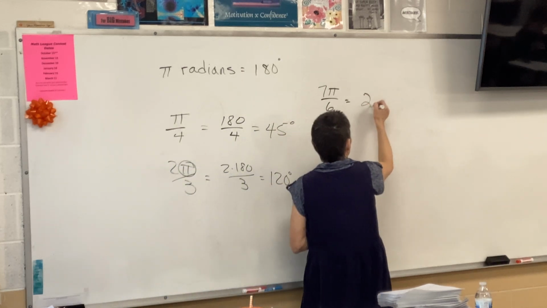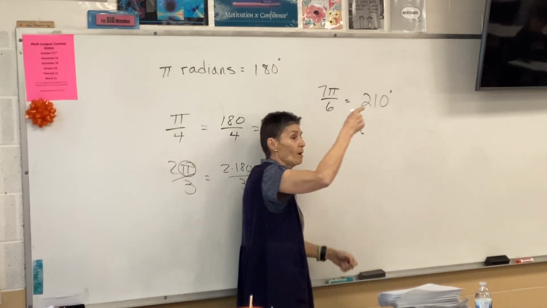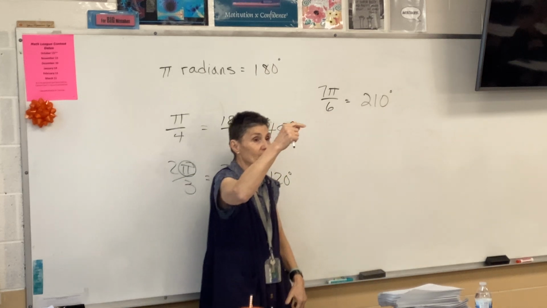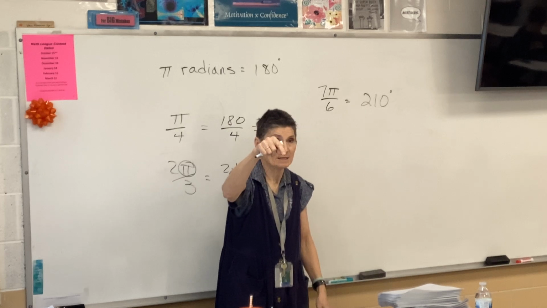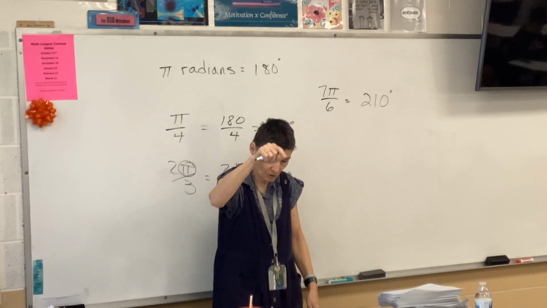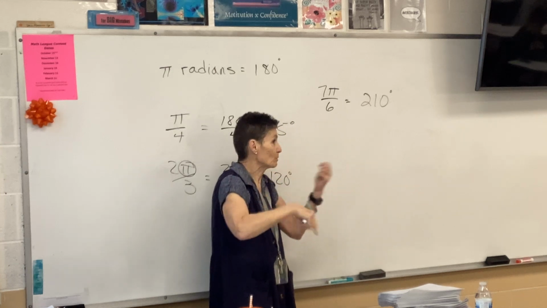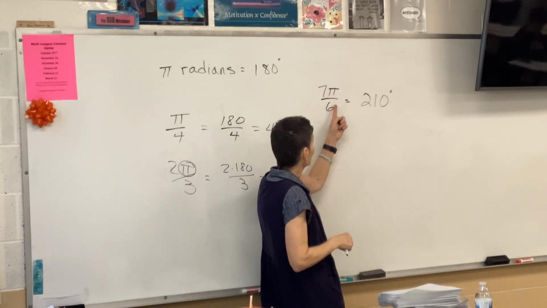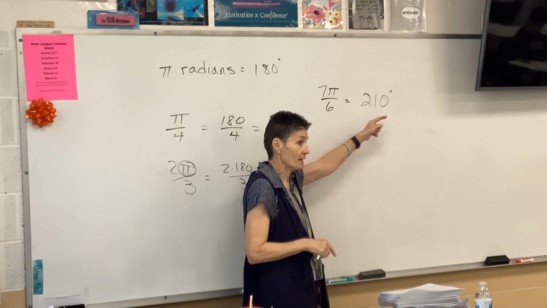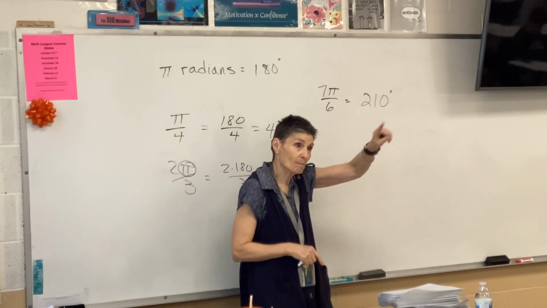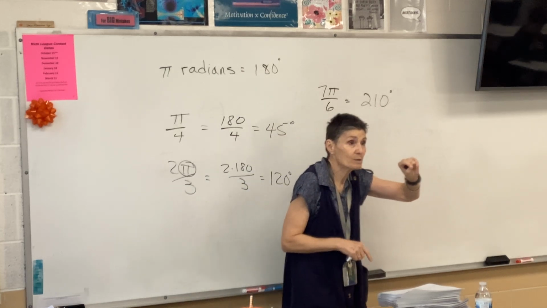210. Hey, I want you to look up at the problem we just did. Didn't we have to change 210 into radians? And what did it change into? Look at problem 1C. 7 pi over 6. So now we're just going backwards. We're changing 7 pi over 6, and we got 210. So one more time, in case somebody missed it. How did we get 210?